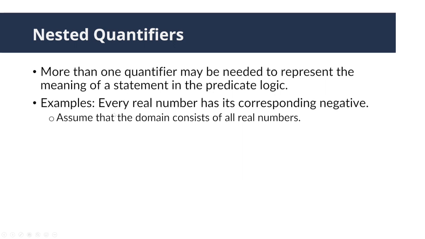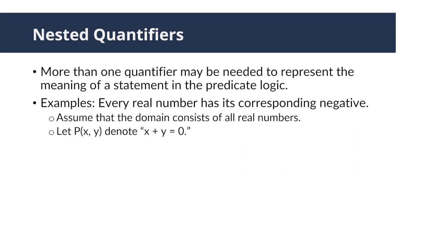Equivalently, it says, for every real number x, there exists another real number y such that x plus y equals 0. Once I reword this statement, you can see it involves two variables, and you need two quantifiers.